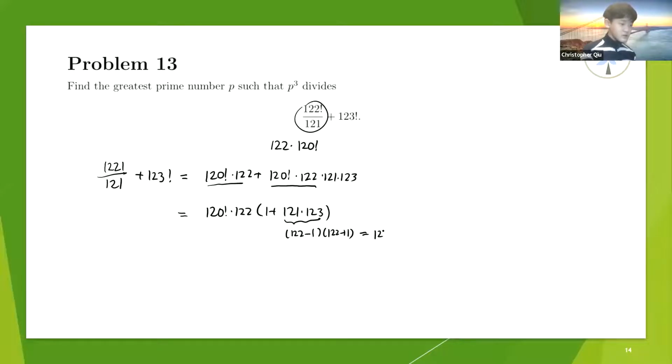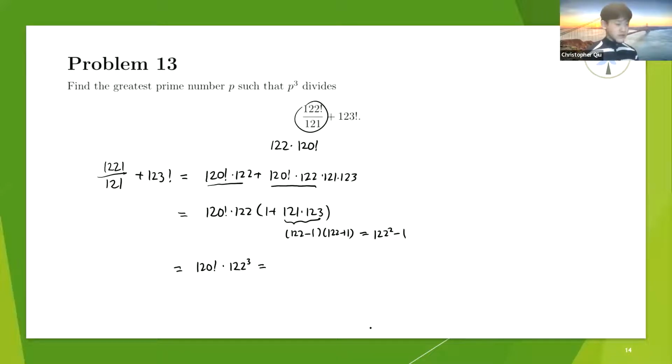And this is equal to 122 squared minus 1, which is super nice because we have a plus 1 behind this number. So in fact, what we're left with is 120 factorial times 122 cubed.